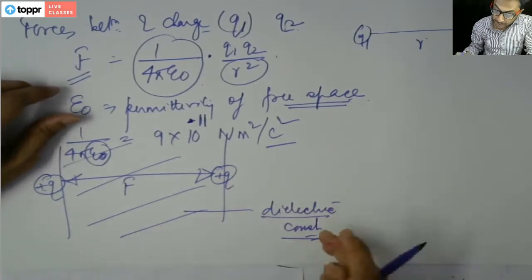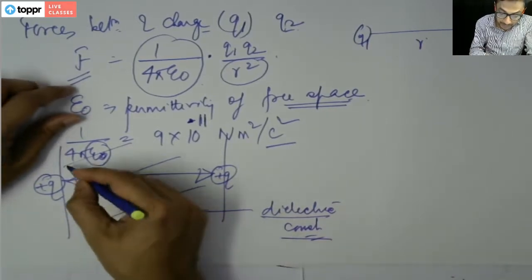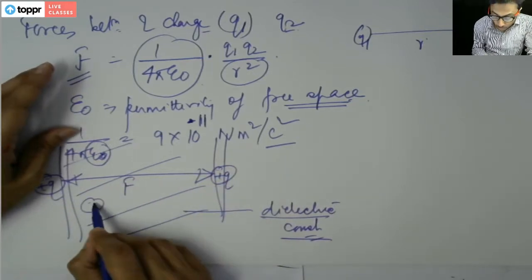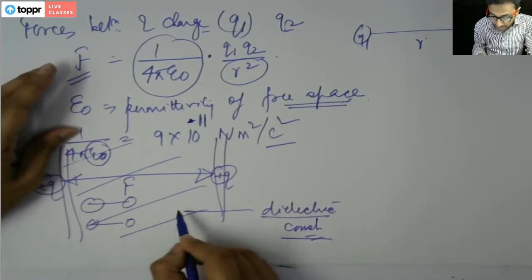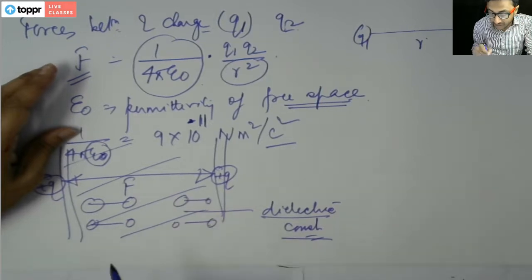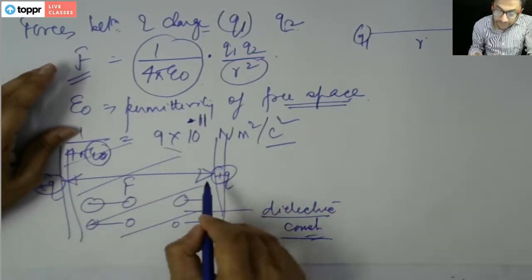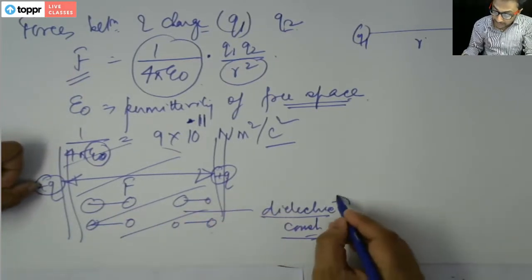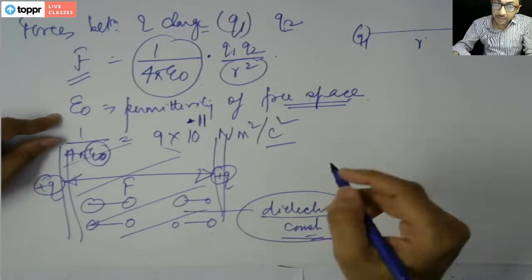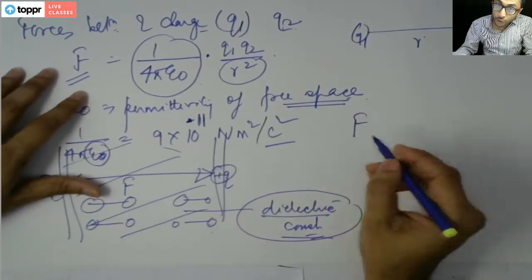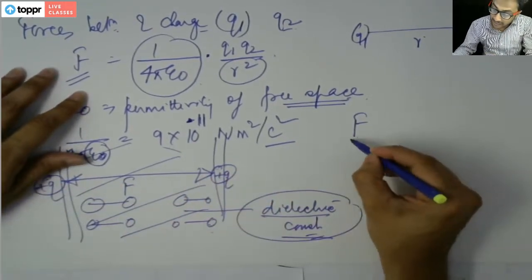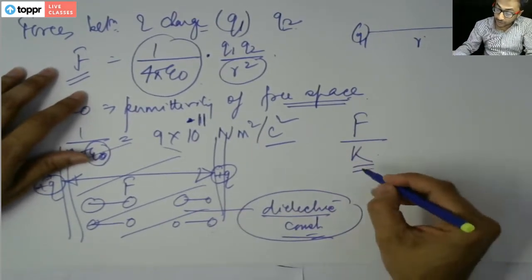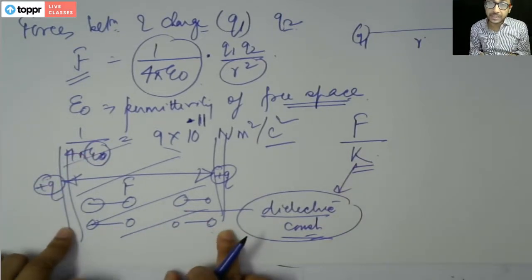They behave as insulators, but under the influence of charges they behave as charge dipoles, and it modifies the force between these two charges. Now in the presence of a dielectric, the force generated between the two charges gets reduced by a factor of k, where k is called the dielectric constant of the medium.